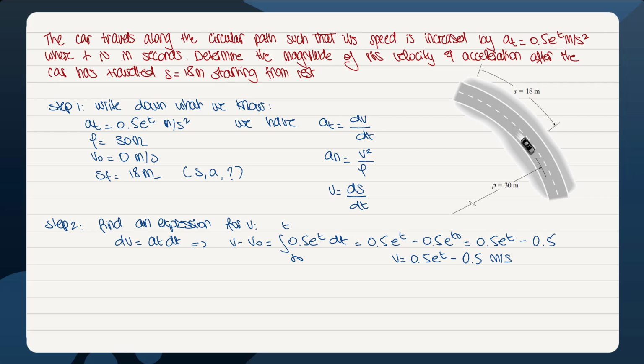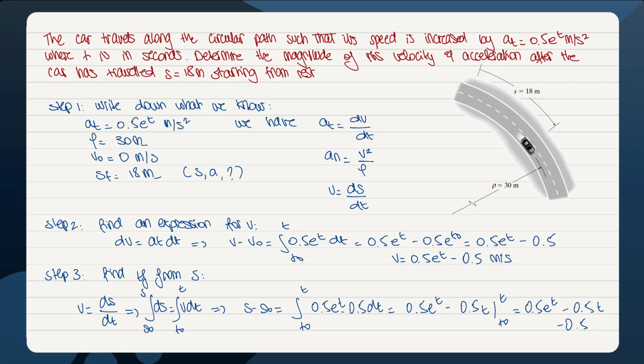So we need to find an expression for s as a function of time, and we can simply remember that v = ds/dt. Since we have an expression for v, we can write ds = v dt. Taking the integration for both sides, s minus s0 is equal to the integral from t0 to t of (0.5e^t minus 0.5) dt.